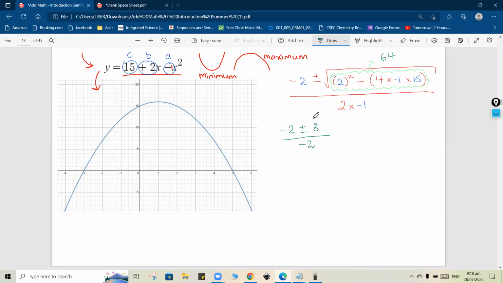So remember, we're supposed to get 2 answers. So to get the 2 answers, we say minus 2 plus 8, make sure it's in brackets. Last week I stressed on those brackets. And then we divide by minus 2. And to get the next answer, it's minus 2 minus 8 divided by minus 2.